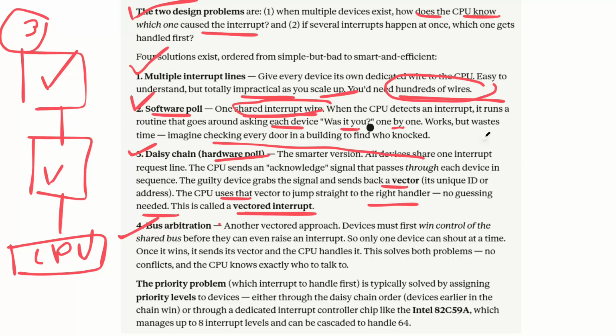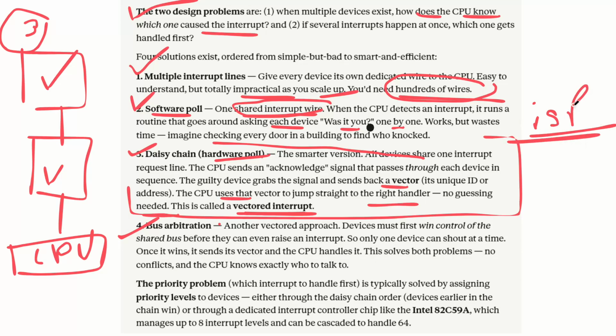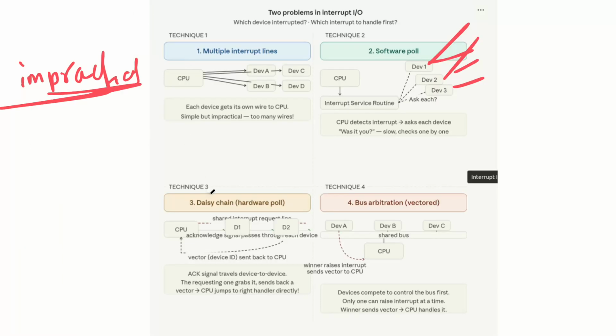This is also called a vectored interrupt, right? Only by knowing the address of the device can we run the interrupt service routine code. So in order to do that we need to know the address. In the daisy chain, there is only a single interrupt request line, and the CPU sends an acknowledge signal to each of them.